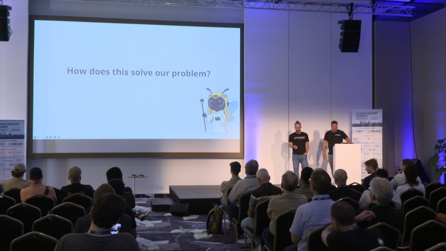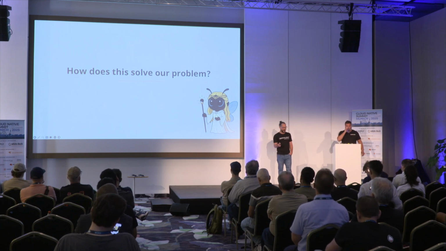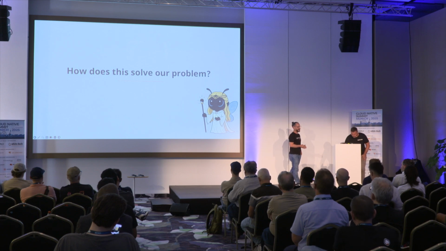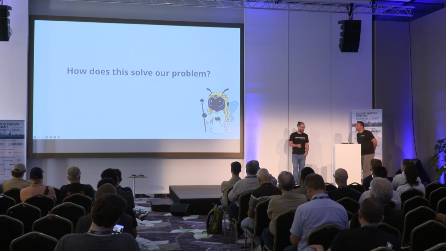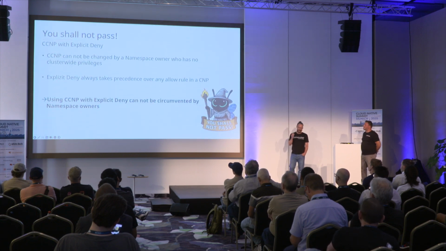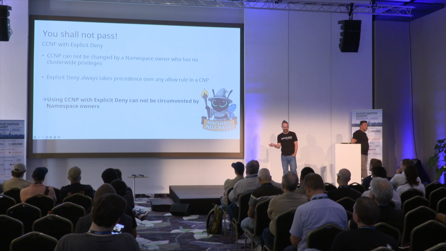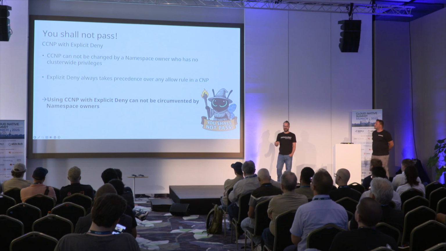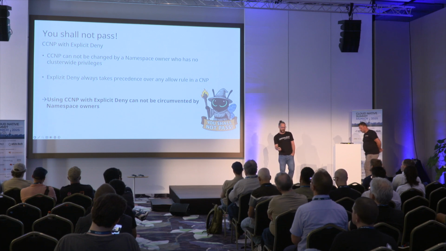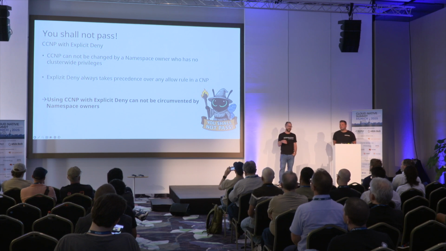All right, cool. Now, how does this solve our problem, right? That everybody can essentially open whatever he wants as soon as he has the power to build network policy in his namespace. Essentially, the idea that we're presenting here is that if we combine cluster-wide network policies with explicit deny rules, this can be much more powerful than just running in a default implicit deny mode, right? Because as we've seen earlier, an implicit deny can always be overwritten by an explicit allow.